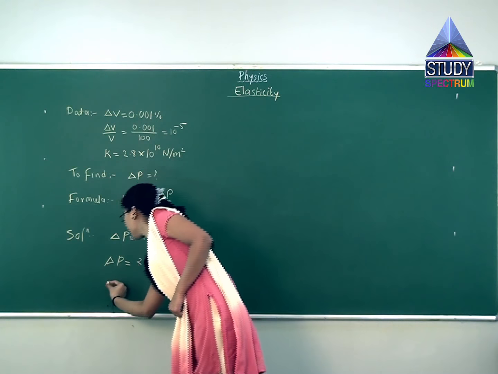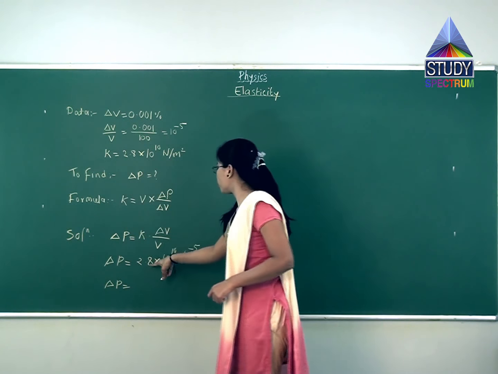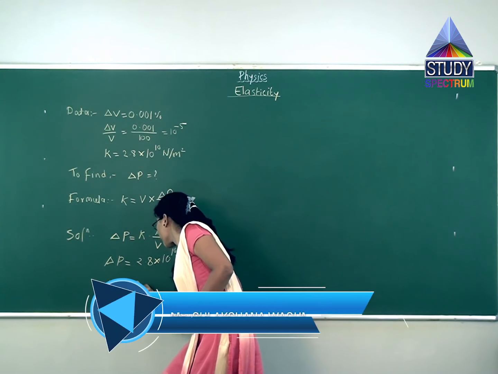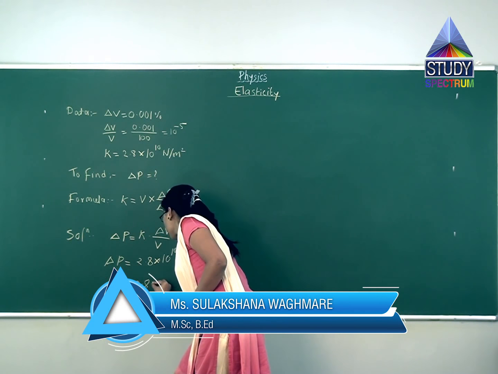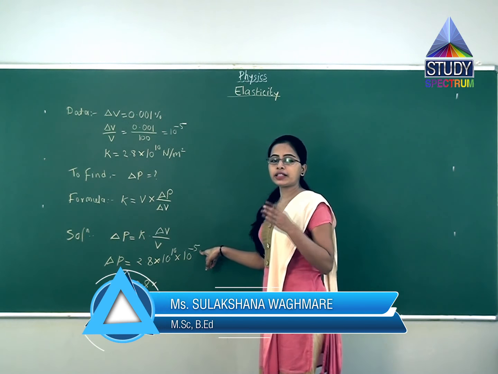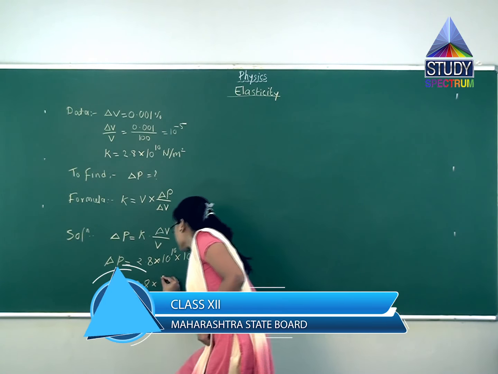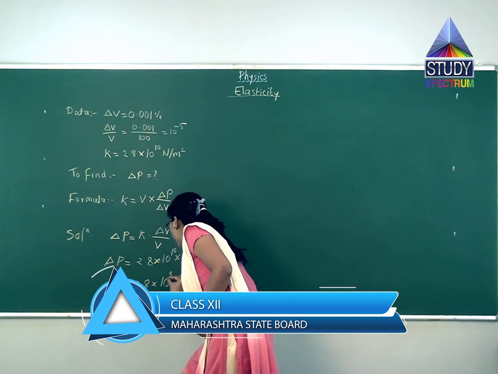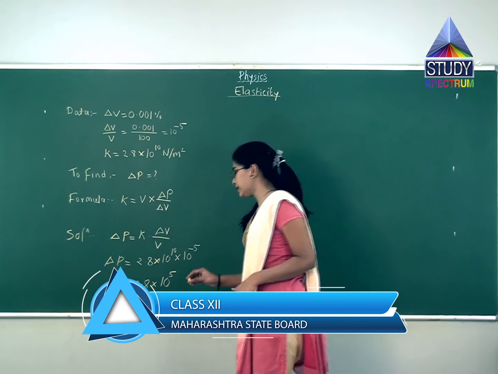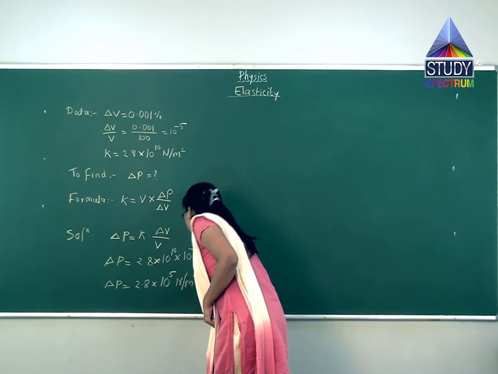So delta P will be just 2.8 as it is, and 10 raised to 10 minus 5. So we subtract the powers, it is 10 raised to 5 and unit is Newton per meter square.